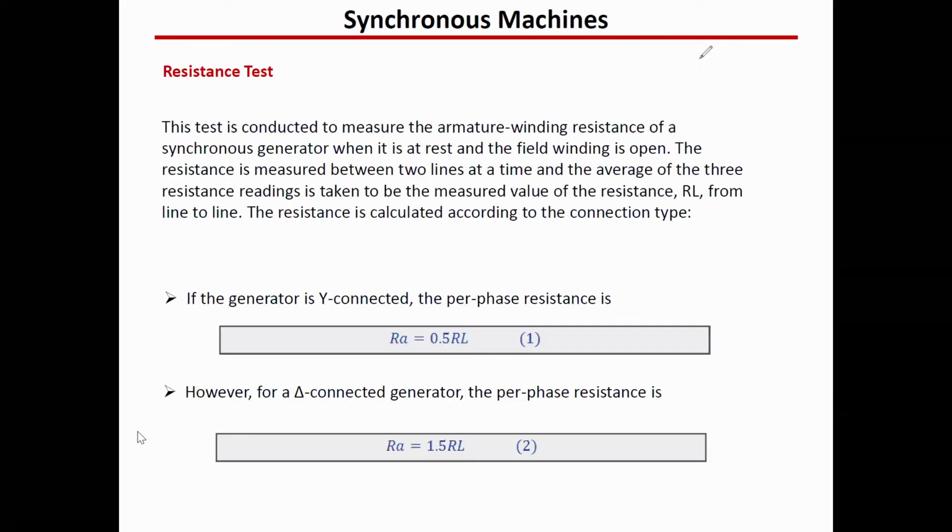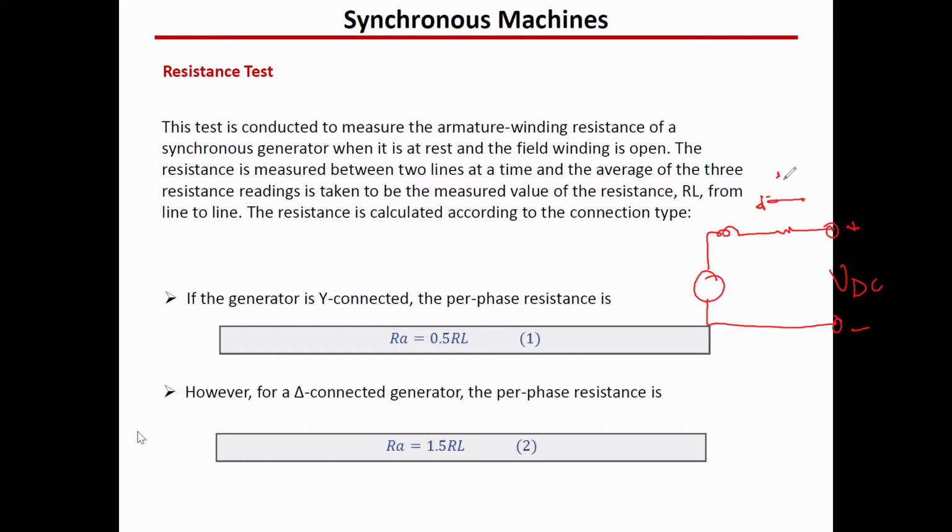First, the resistance test, or the DC test. The idea is simple here. We know that we have both RA and XS inside the machine. What will happen if we apply DC here? In the lab, if we just connect a DC source between this point and this point, current will flow here.